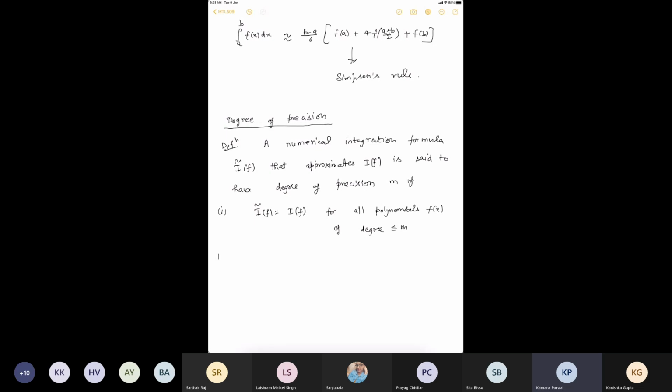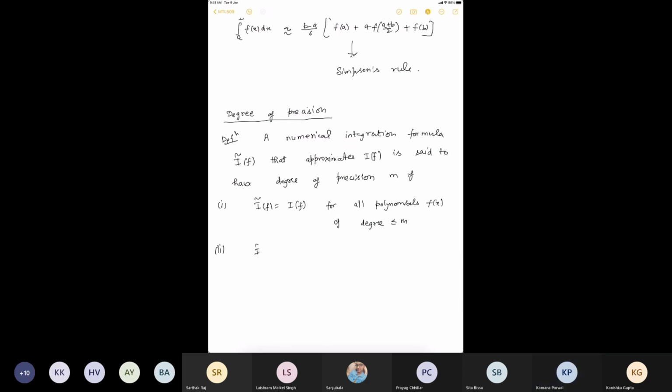Okay, and the second requirement is that the rule is not exact, that is I tilde f is not equal to I f, for some polynomial f of degree m plus 1.